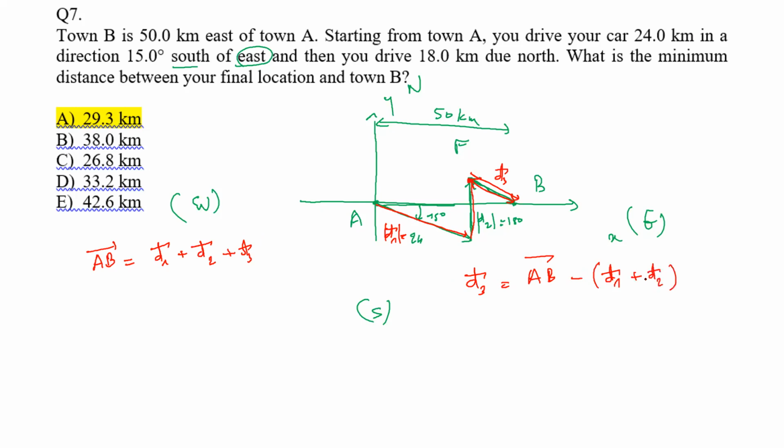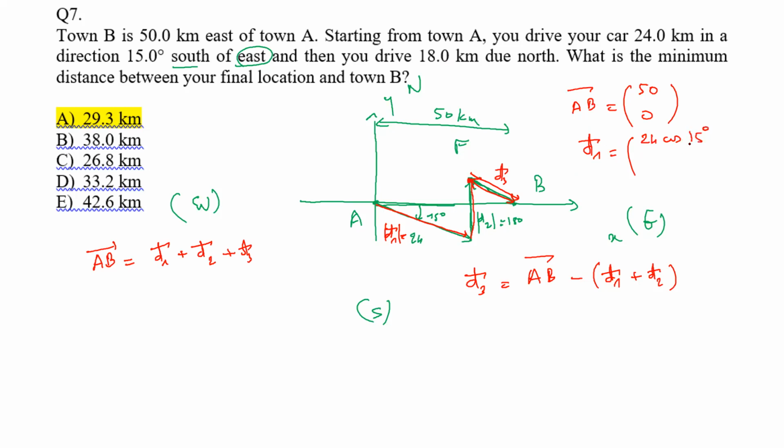Now I will do it component by component. Well, you know AB, right? What are the components of AB? It will be 50 along i hat, 0 along j hat. What are the components of D1? Well, you know that it will be D1, basically 24, cosine 15 degrees.